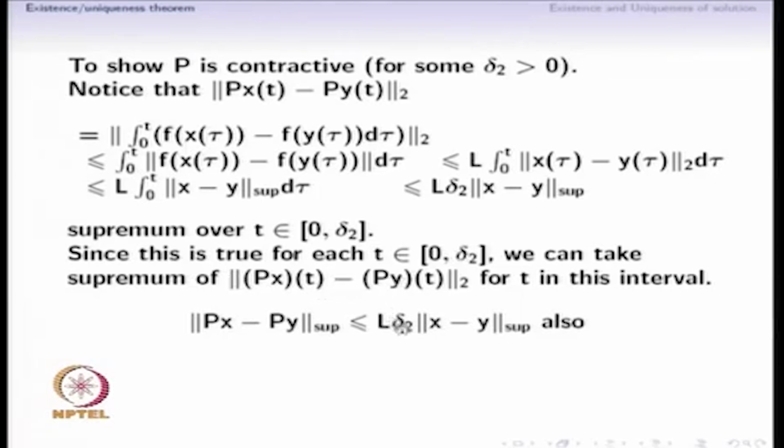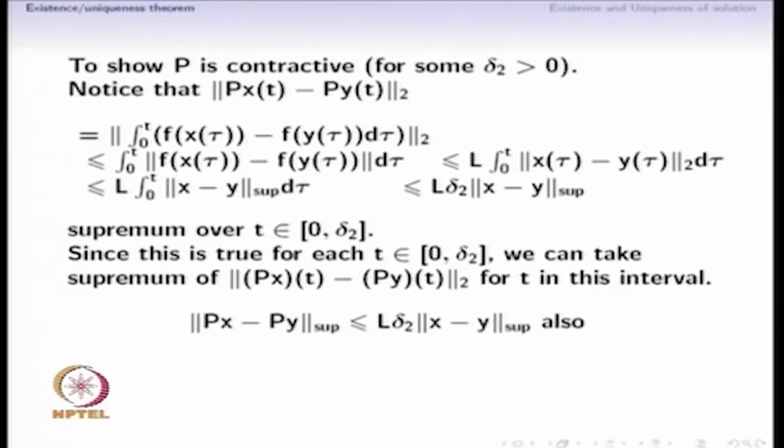Even the supremum will be bounded from above by the same number, L times delta 2 times the sup norm of x minus y. So, finally, we have obtained this inequality: the sup norm of px minus py is at most equal to L times delta 2 times the sup norm of x minus y.